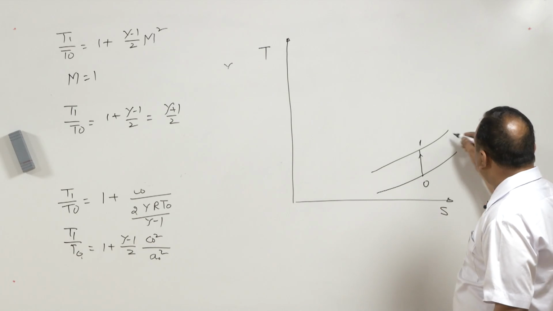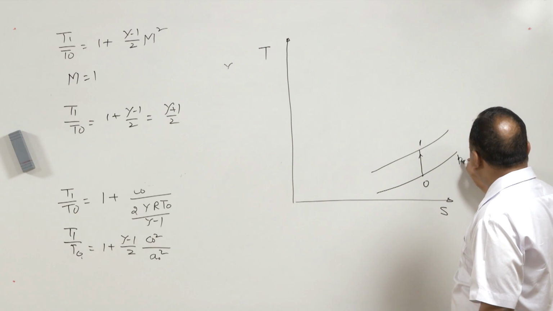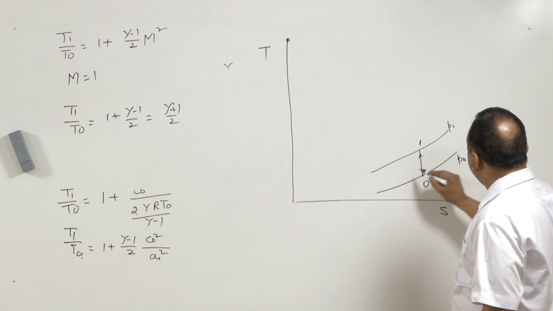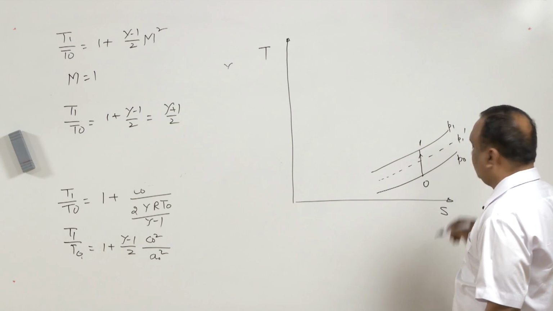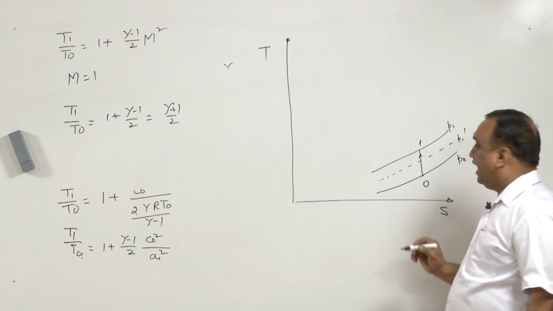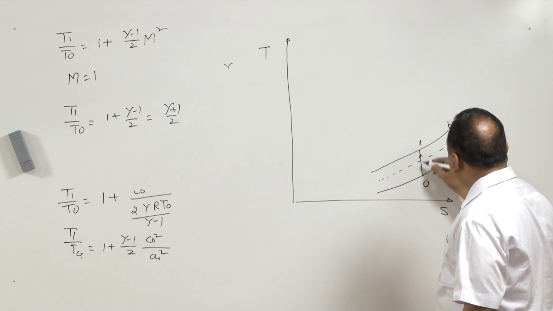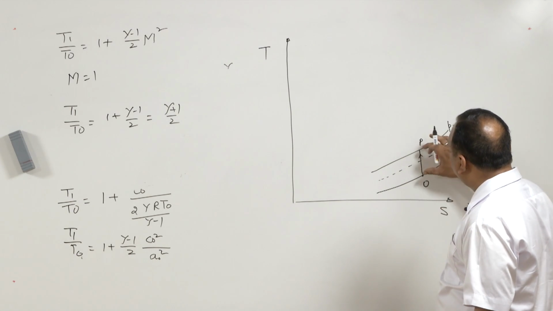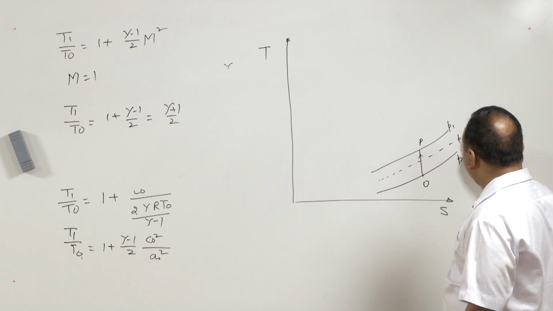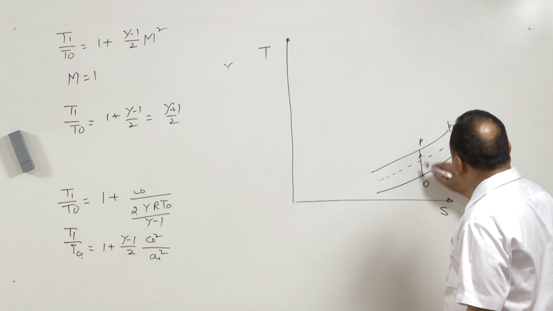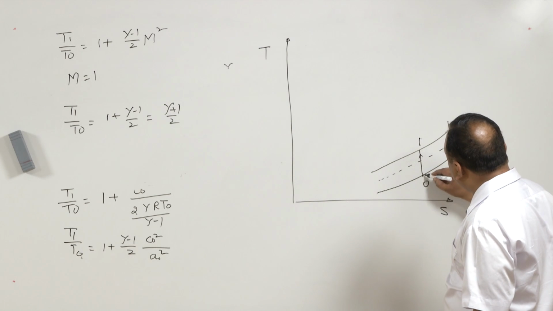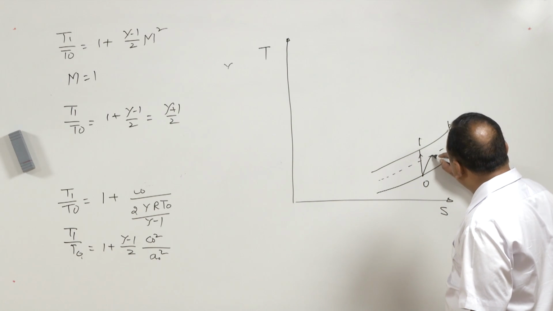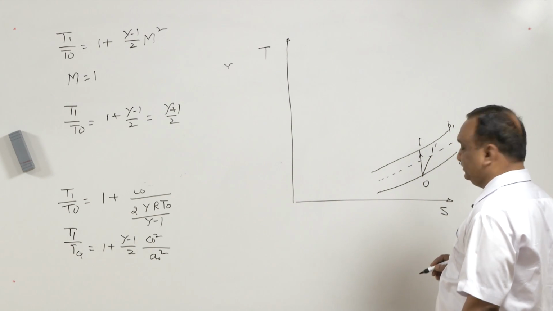Instead of the pressure rising from P0 to P1, the pressure rises up to P1 dash only. So the entire stagnation pressure is not attained, but part of the stagnation pressure is attained. Instead of getting point 1 in the process, in an irreversible process we get point 1 dash.